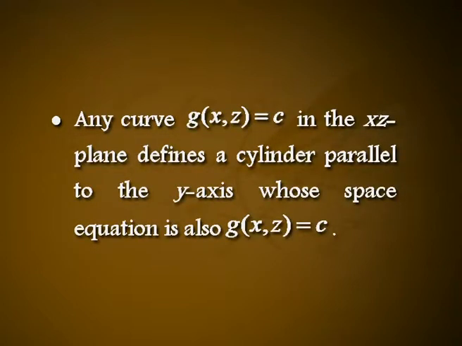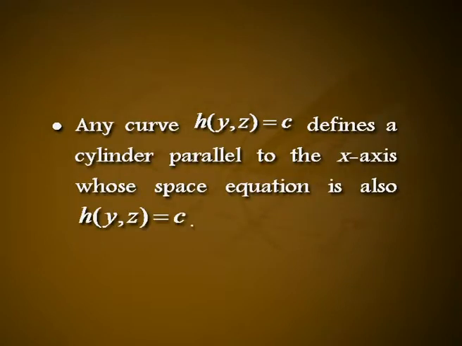Any curve g(x,z) = c in the xz plane defines a cylinder parallel to the y axis whose space equation is also g(x,z) = c. Any curve h(y,z) = c defines a cylinder parallel to the x axis whose space equation is also h(y,z) = c.